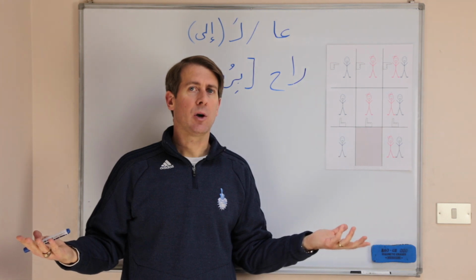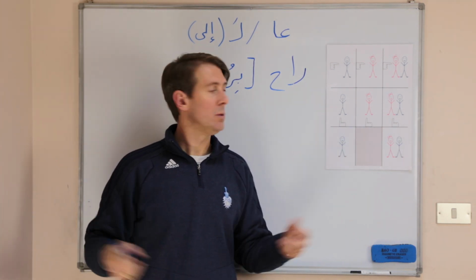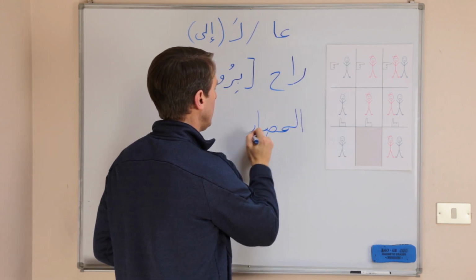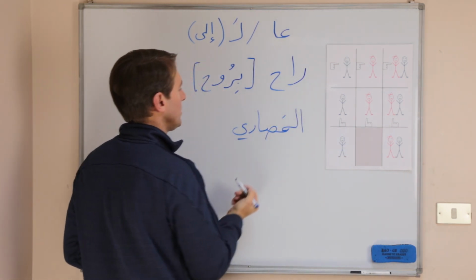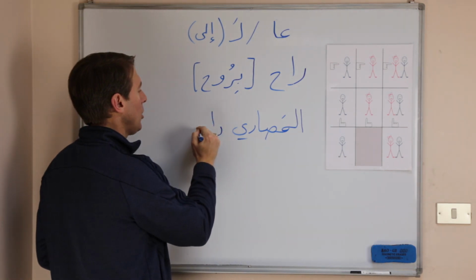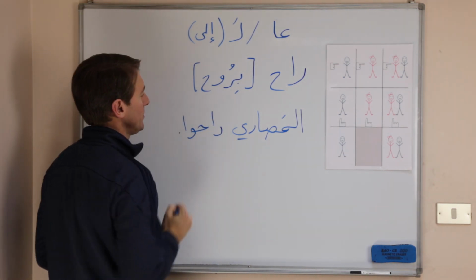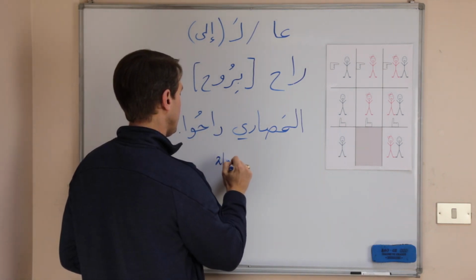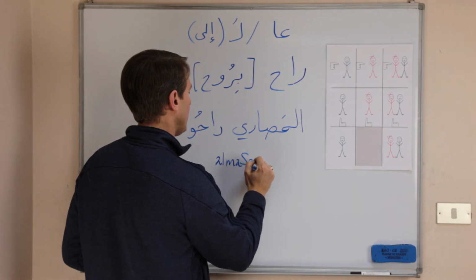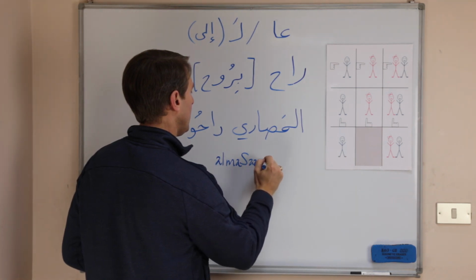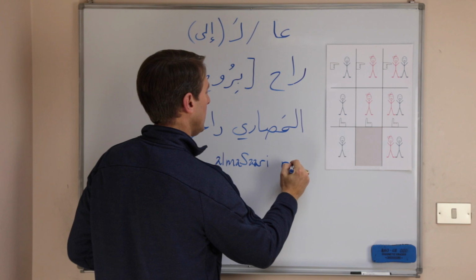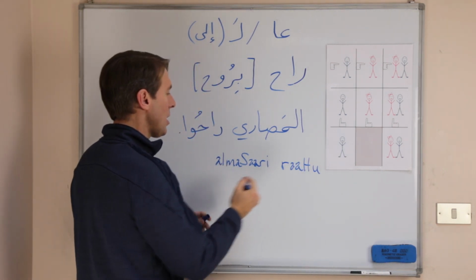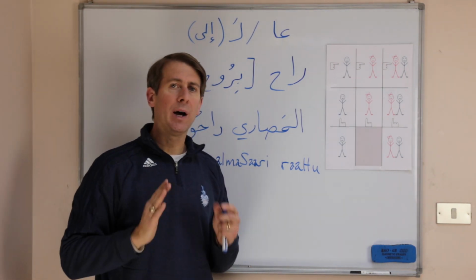So I could say, المصاري يعني كلهم راحوا. المصاري, all right, راحوا. المصاري راحوا, which means the money went.